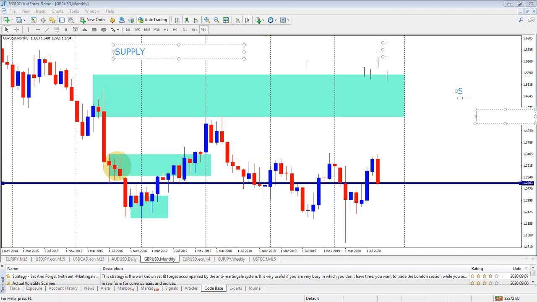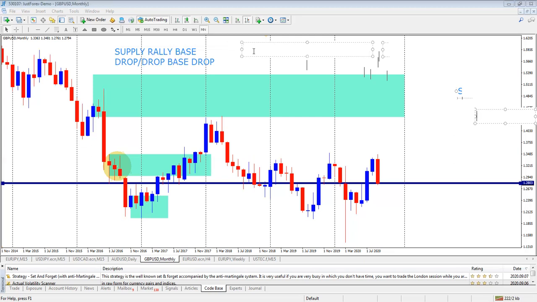Supply is rally, drop, and then rally, drop, base, drop. So a supply can form two types of supply, which is rally base drop, drop base drop.